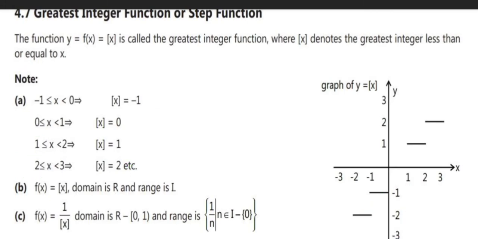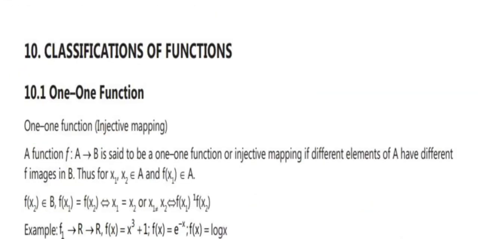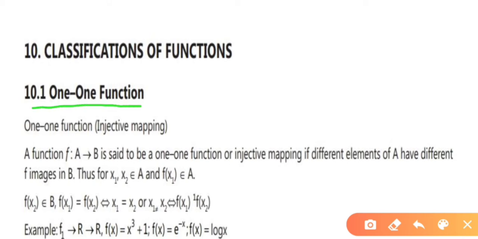Next we move to the important concept here, classification of functions. It's a major part of functions. Now, moving ahead, the first one is the one-one function, that is one-to-one, or you can say injective mapping. The name itself indicates one-to-one.